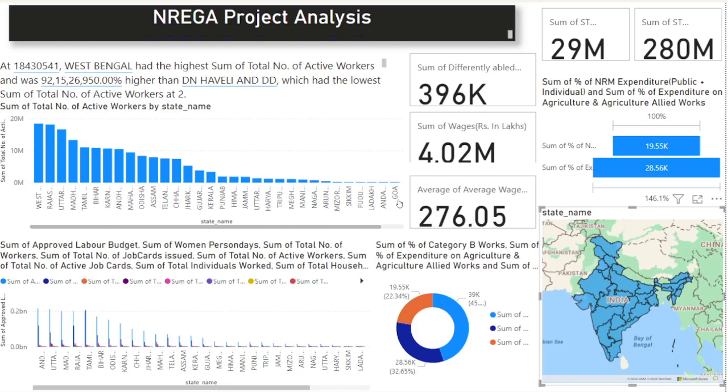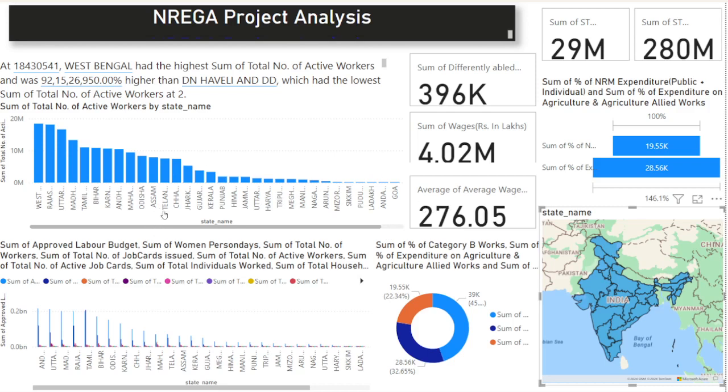This is the ST workers against active workers, and average days of employment provided per household. This is the average of total number of households that completed 100 days of wage employment for every state. This is the workers against active workers for different states.